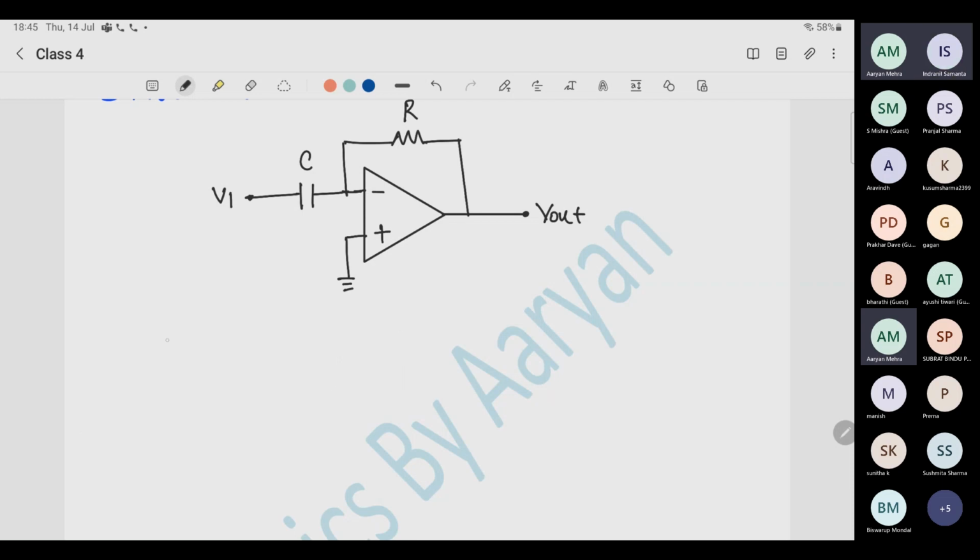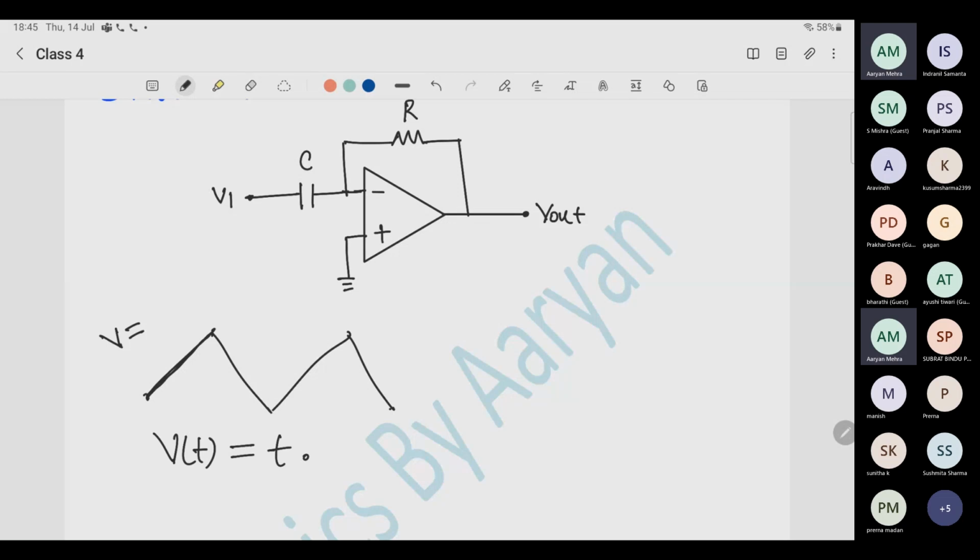Now second thing, let's say I have a triangle signal. What will be the output? Some number. So what is the equation of this line? V equals t. Voltage is a function of time. At time t equals 0, voltage is this, at some time it is this.